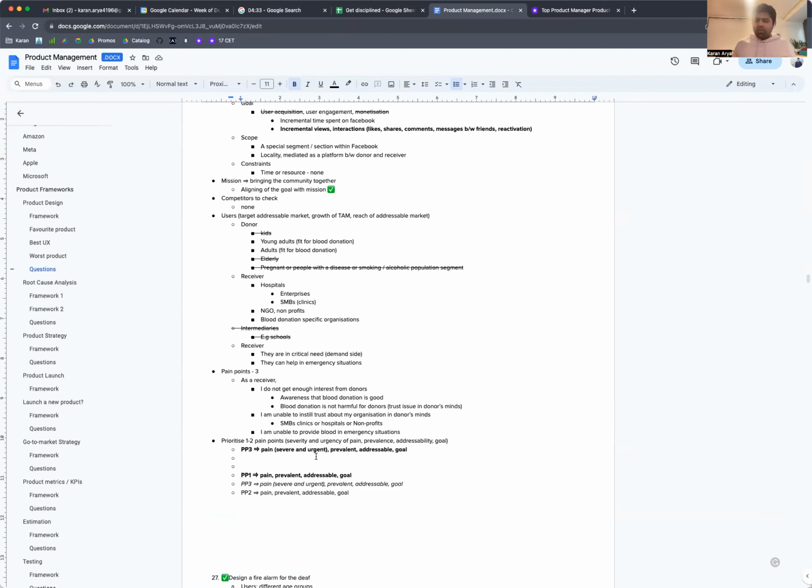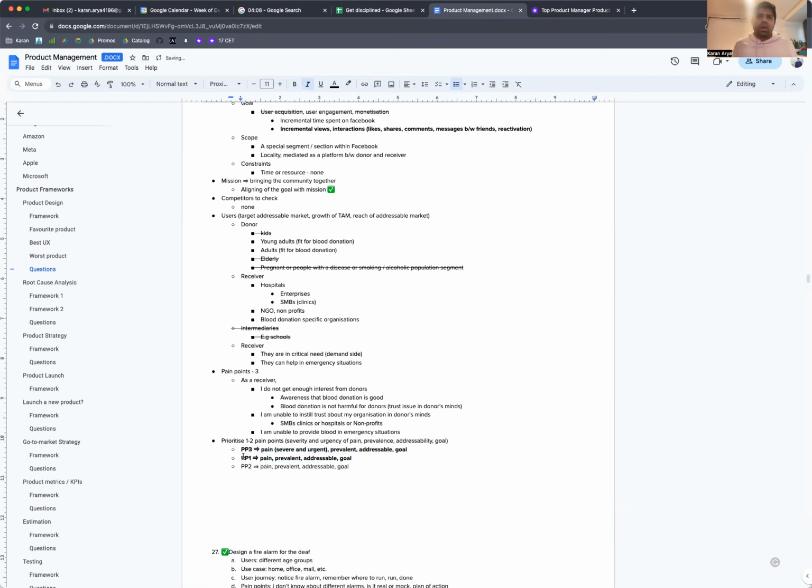And I think what we can probably do is build upon pain point number 3 and actually address this problem of the sort of emergency that blood donation can solve, and then eventually solve for pain point number 1 and 2.